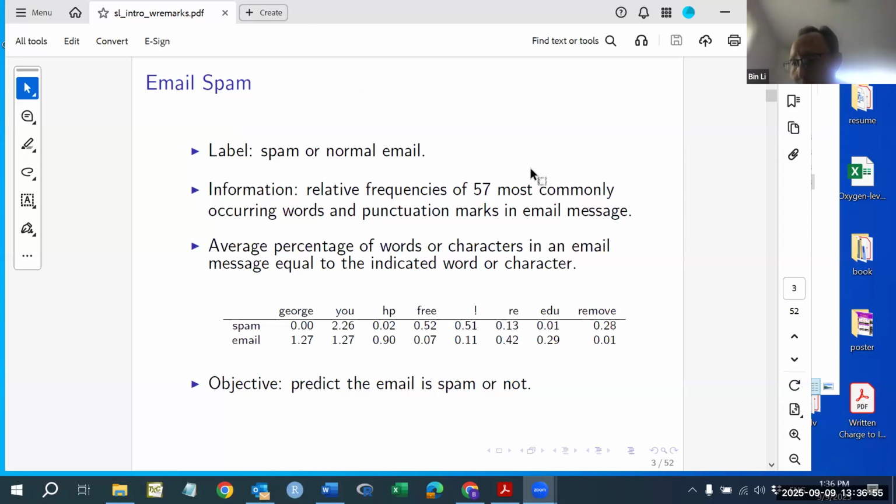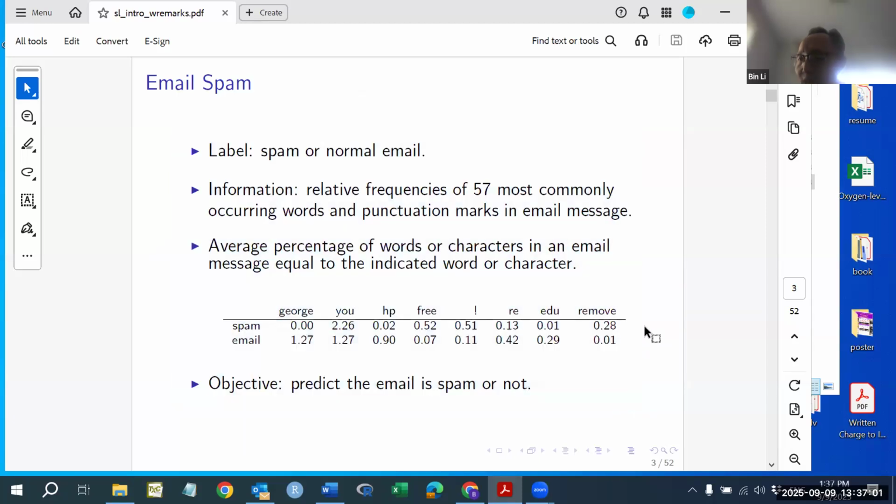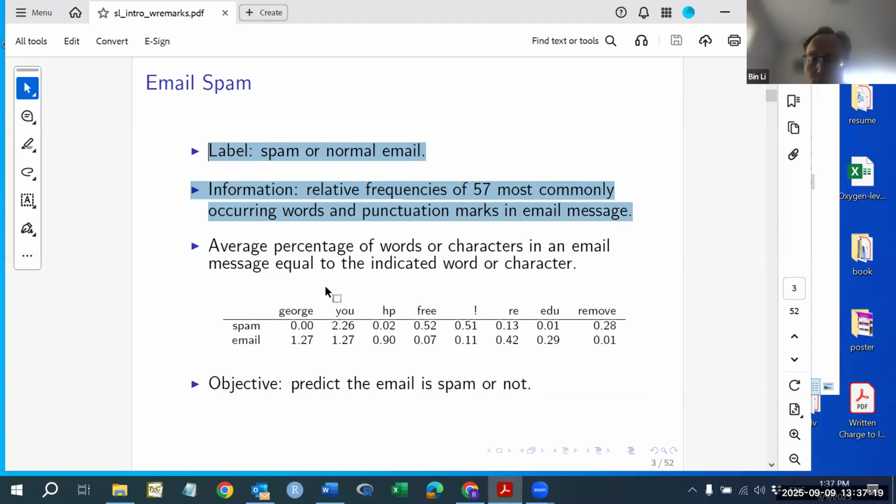And we will talk about both. Okay? So here are some data sets. Some of them we will use in this course. This is the email spam data. The response variable is binary, either spam or normal email. The predictors are the 57 most commonly occurring words and punctuation marks in the email.